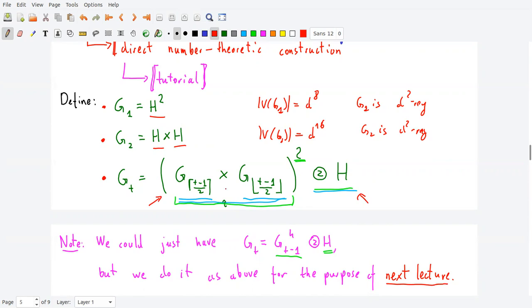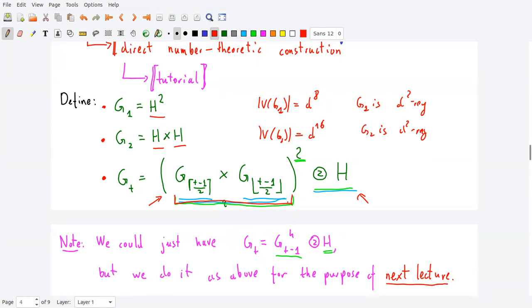Because what we will need during the next lecture, as far as I remember, is that you don't define GT based on GT minus 1, then GT minus 1 based on GT minus 2, and so on, but you construct those expanders essentially using iterative squaring. So at the end, you define GT based on GT over 2, then on GT over 4, and so on.